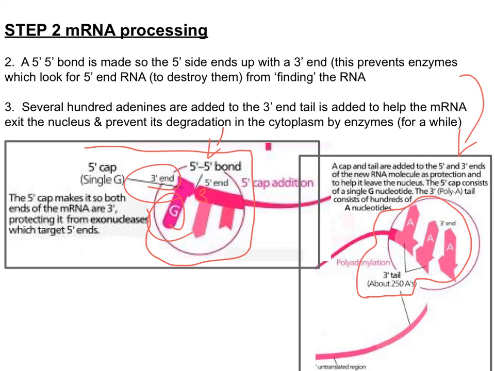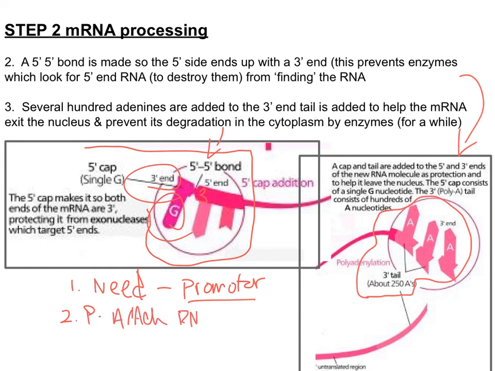So this finishes transcription. You have, first of all, a need in the cell, or the presence of something that's going to give you a promoter. That promoter, which we're just going to call P now, is going to help attach RNA polymerase, which is going to do the transcription.